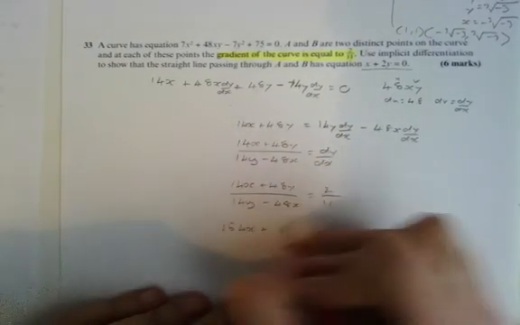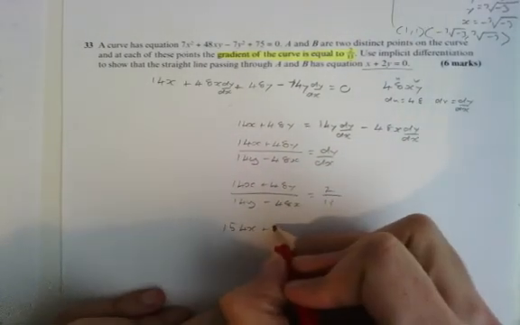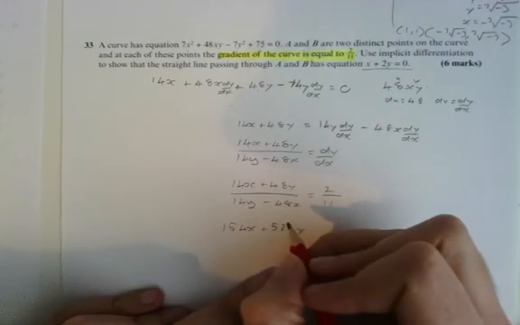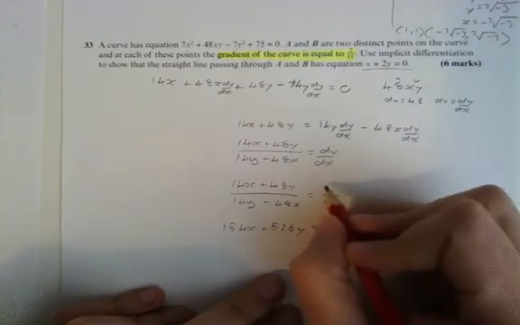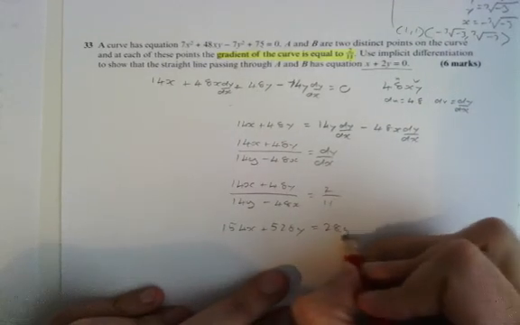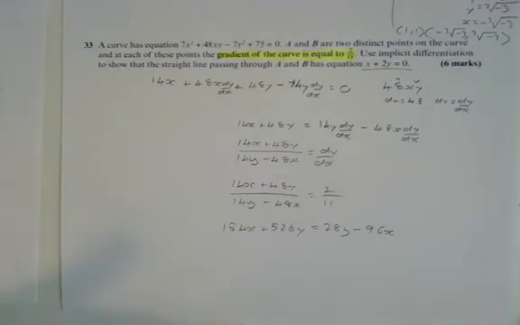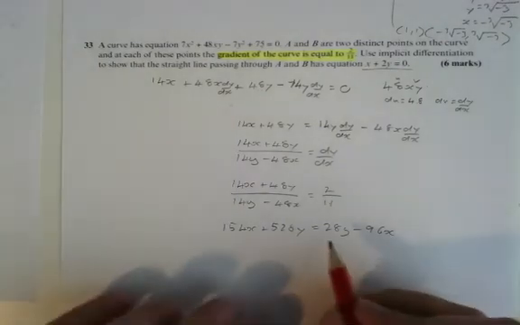Multiply that out, so 11 times both of these, that's going to give me 154x plus 528y, I think, yeah. Yep. Equals 2 times 14, which is 28y minus 96x.